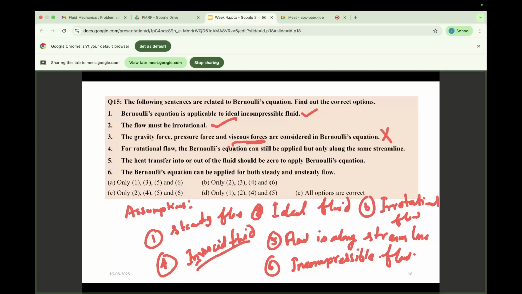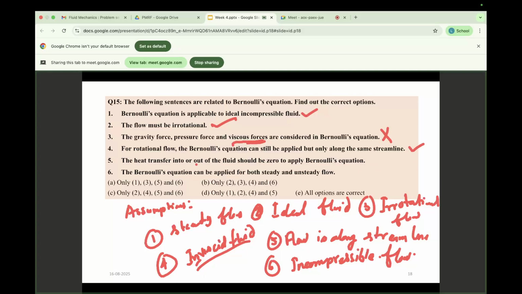For rotational flow, the Bernoulli's equation can still be applied, but along the same streamline. See, it is given that the flow is along the streamline. So yes, it can be applied. Though it is for rotational flow, this equation can be applied, but it needs to be along the same streamline. That's why it should be applicable.